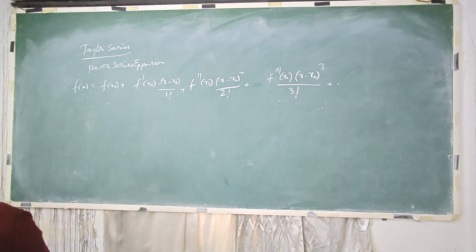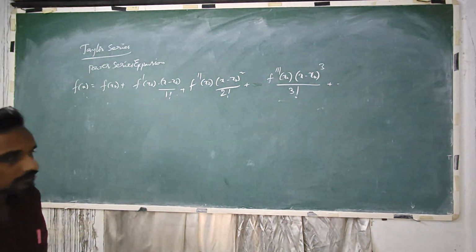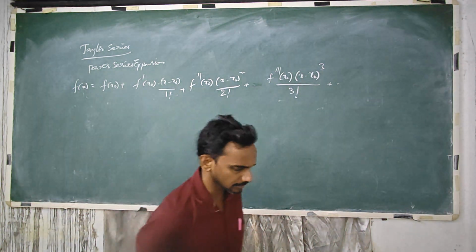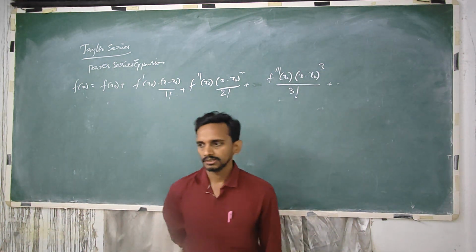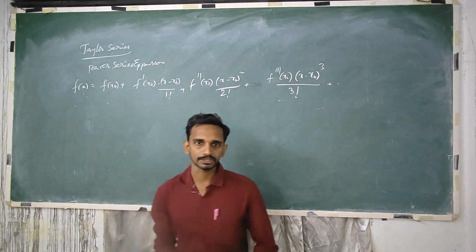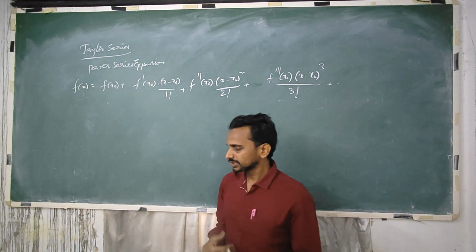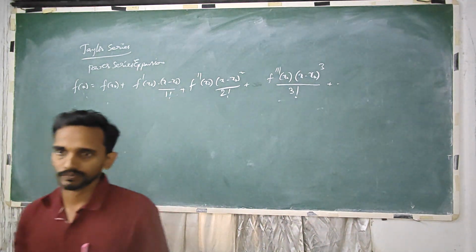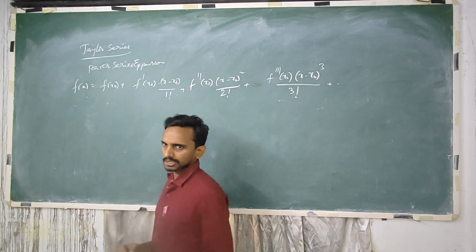Okay. So the basic issue is you are expanding any function, if possible, as a power series. So what is the purpose of this and how does it work is a matter of discussion.